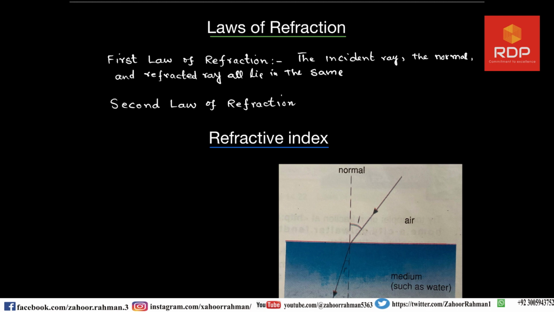The same is the case in the first law of reflection. They all are lying in the same plane.